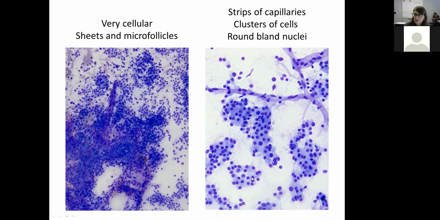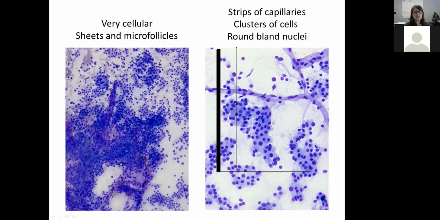However, the nuclei are still round and regular, and I don't see grooves or inclusions. So when it's a specimen that is this cellular, we start to raise up in our Bethesda category. And so the likely answer here is actually going to be follicular neoplasm.